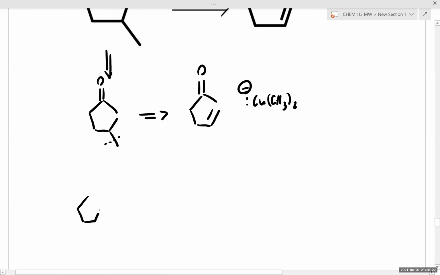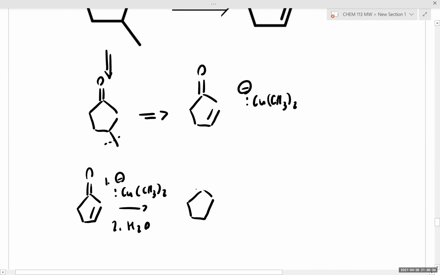So in a forward sense, we take our unsaturated ketone and treat it with dimethyl cuprate. We'll quench with water after, just as a quench step. That gives us our 3-methyl cyclopentanone.